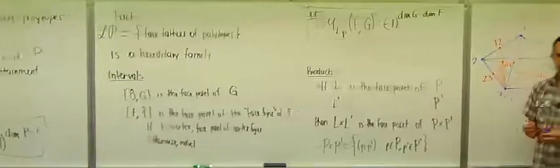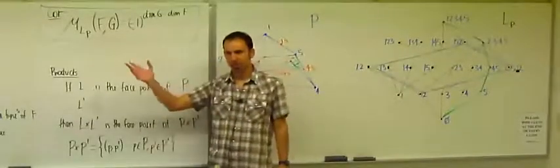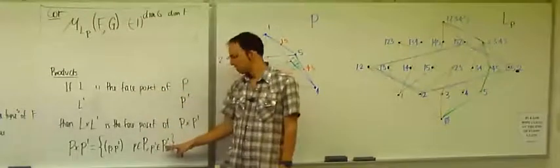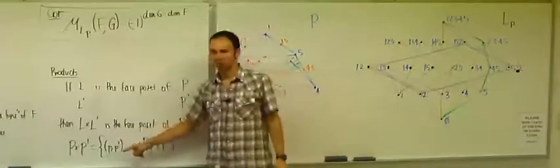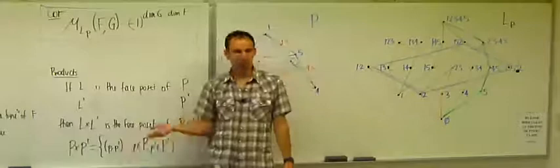But how are you supposed to think of this geometrically? P is a polytope that lives in m dimensions. P prime is a polytope that lives in n dimensions. And so you can think of p as a vector of length m, you can think of p prime as a vector of length n. And so this p comma p prime is a vector of length m plus n, and it lives in m plus n dimensions. And so I'm making the claim here that when you do this construction, you actually get a polytope, and that polytope has this property.